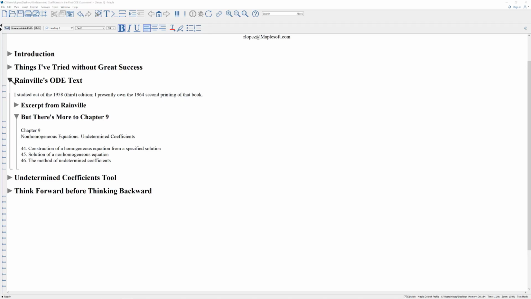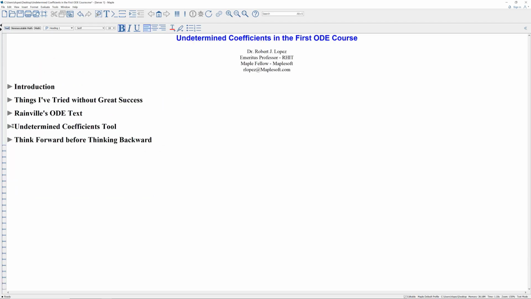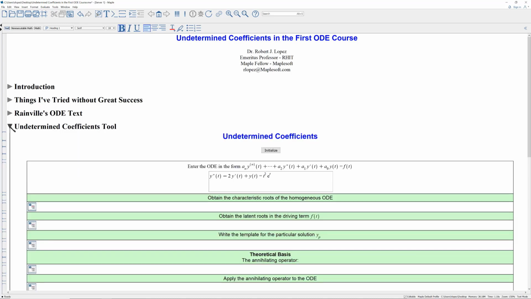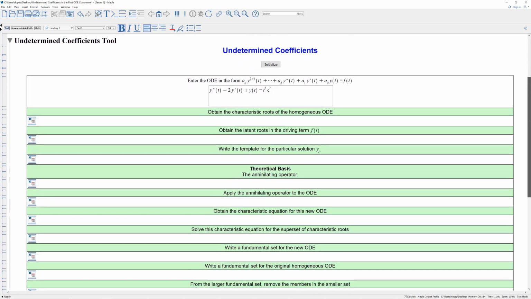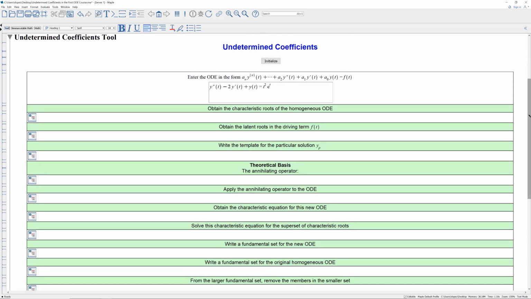So eventually, I was able to cobble together a tool in Maple that allowed me to go through an undetermined coefficients problem according to the thinking that I absorbed from studying Rainville.